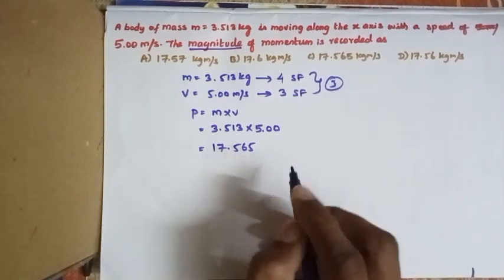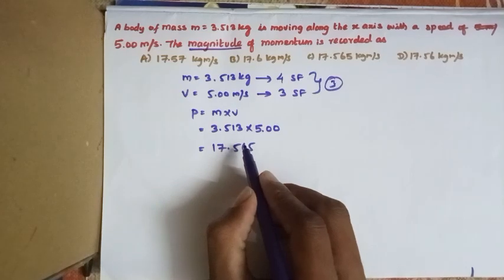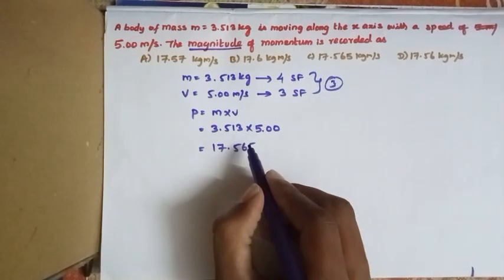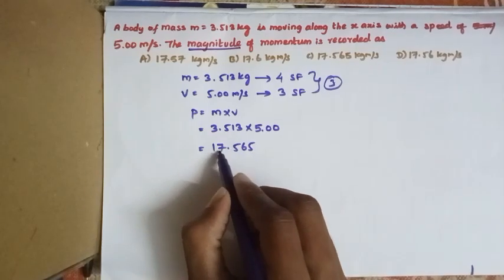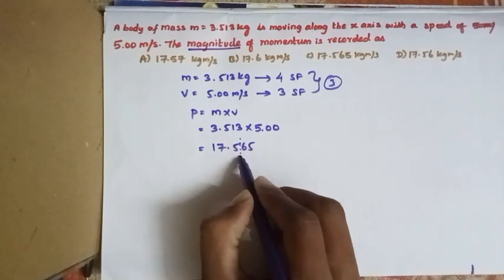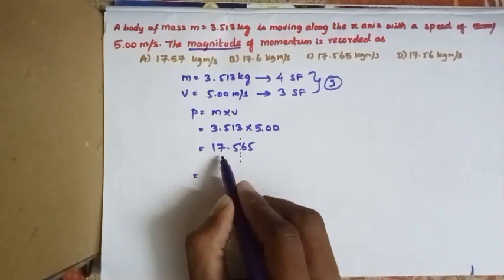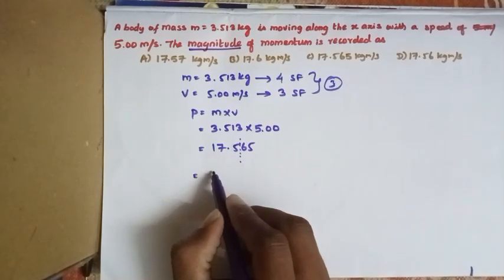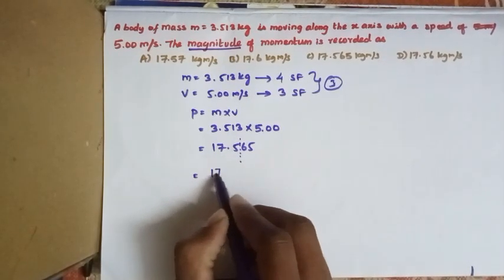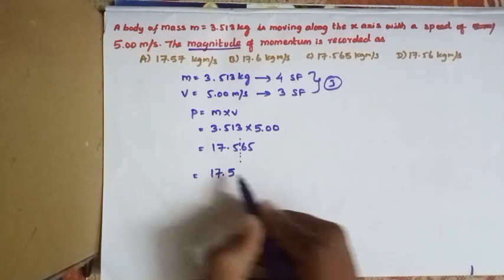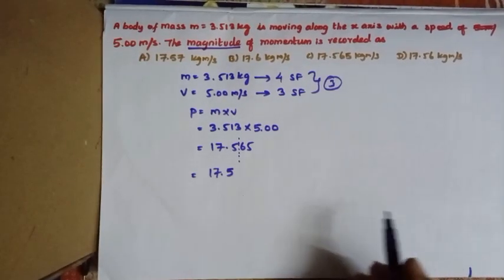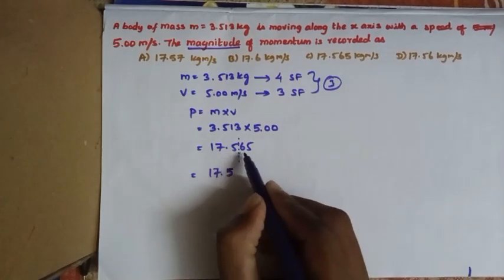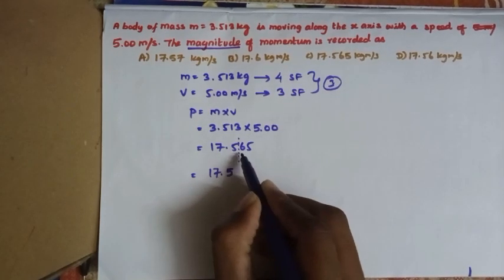Before rounding off, we have to remove the last term. So 1, 2 and 3, you have to cut this. So the answer is 17.5. Then you have to check the cutoff digit.